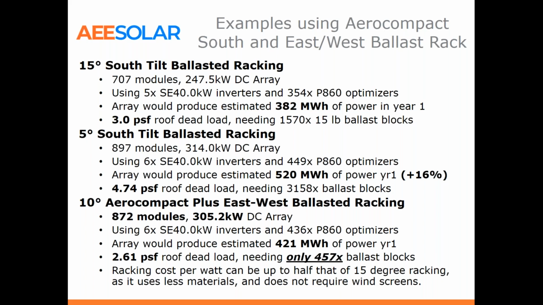And this racking solution only needed 457 15-pound ballast blocks. The cost per watt could be up to half of that of the 15-degree racking. It uses much less materials, no wind screens, much fewer ballast trays. Sometimes we can eliminate the ballast trays altogether since the ballast blocks are well spread out and can be placed directly on the feet of the racking.